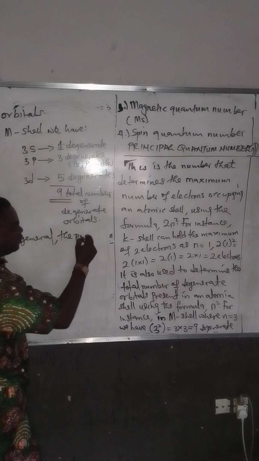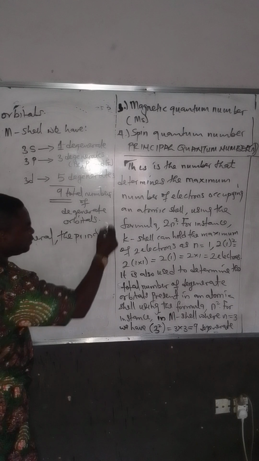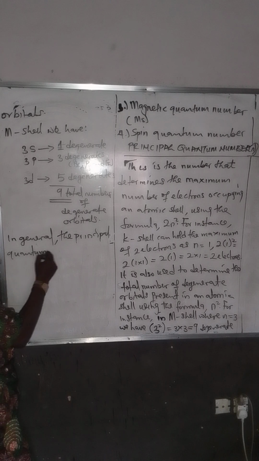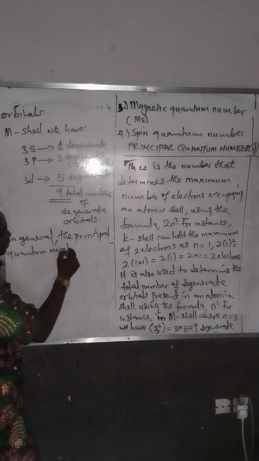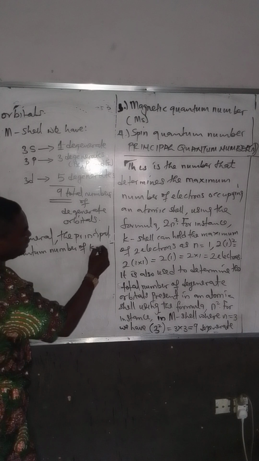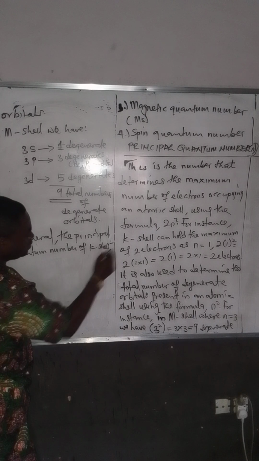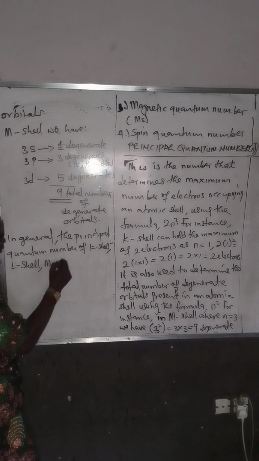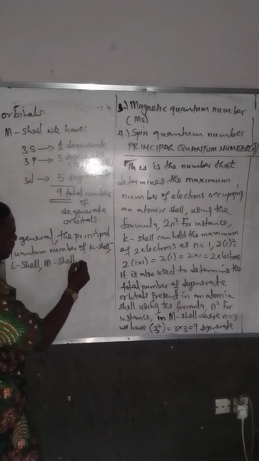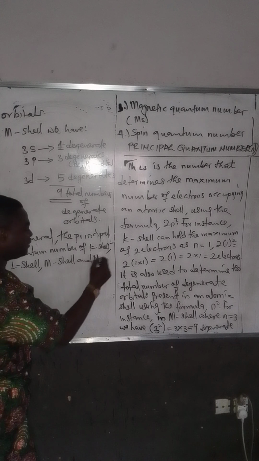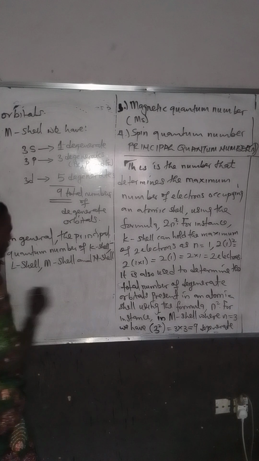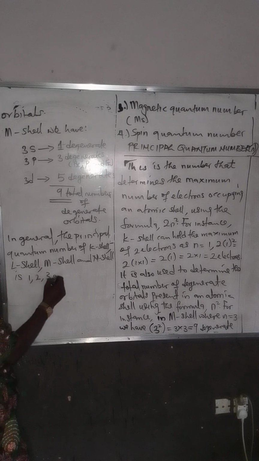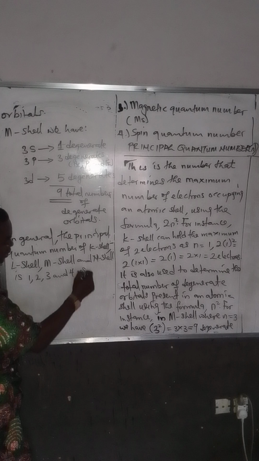So in general, the principal quantum number of K shell, L shell, M shell, and N shell is 1, 2, 3, and 4 respectively.